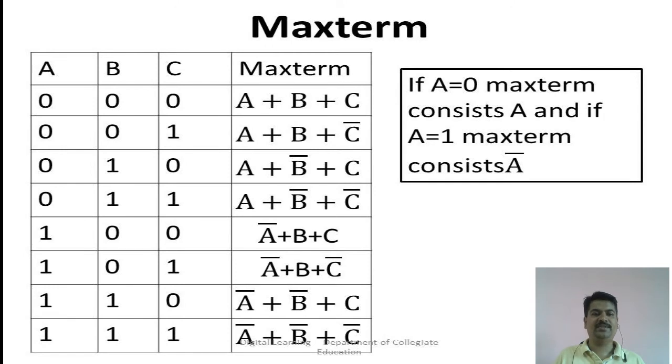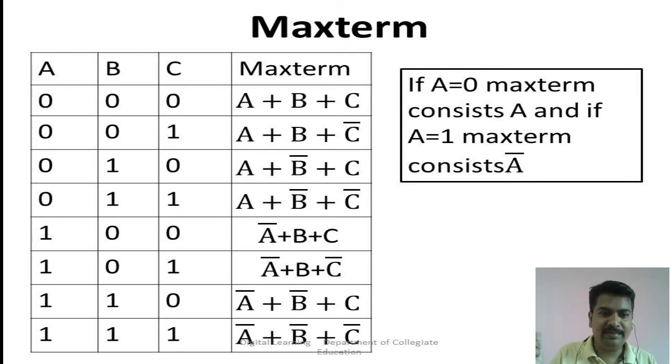How to write a maxterm for the three inputs. Again, I have given the rules here. If A is 0, write it as it is. If A is 1, complement it. But exactly opposite to how we wrote the minterm. So writing the maxterm is exactly opposite to writing the minterm.